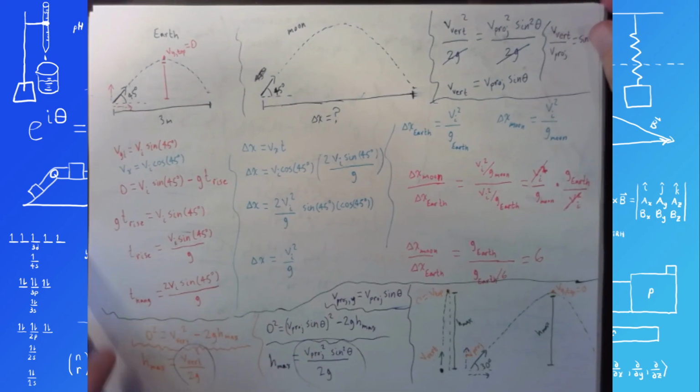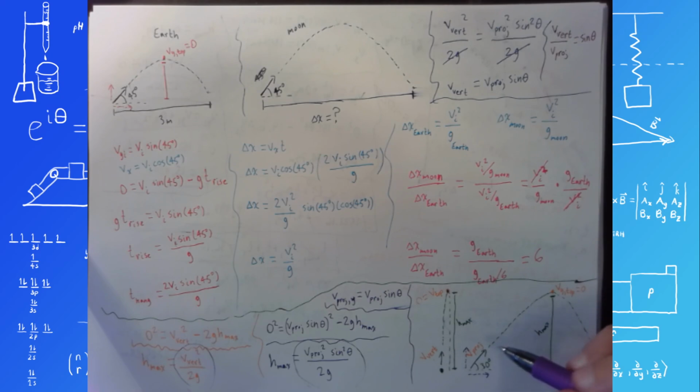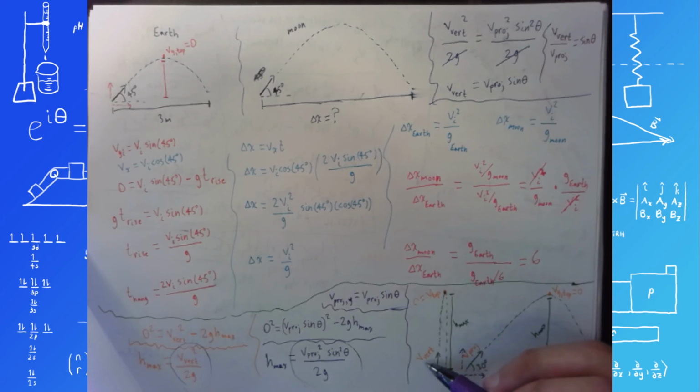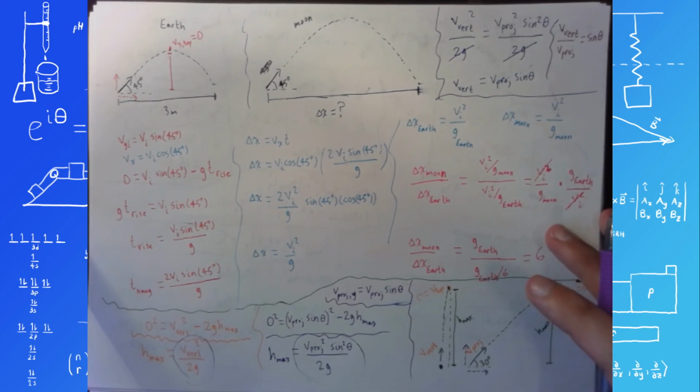So in our case, sine of 30 degrees is exactly 1/2. So V vertical is exactly 1/2 of V projectile, or in other words, this projectile would need to be fired at 2 times whatever velocity V vertical was thrown at.